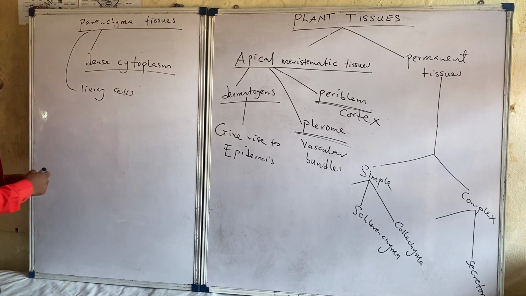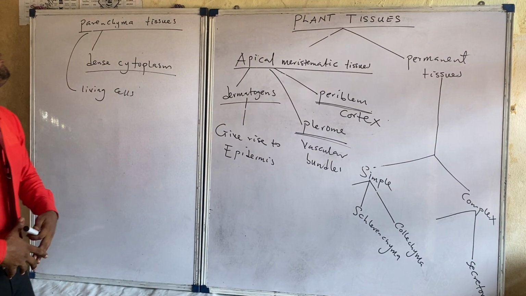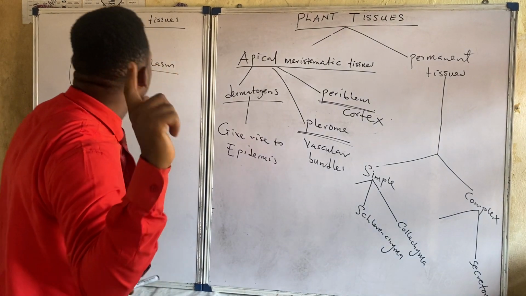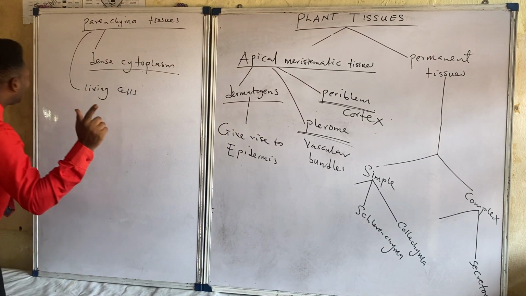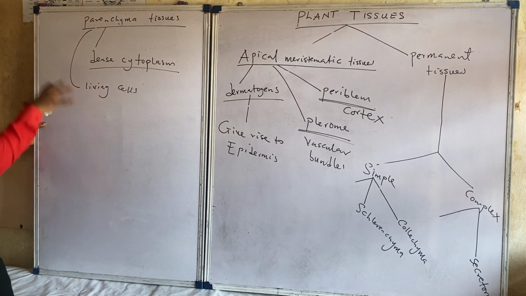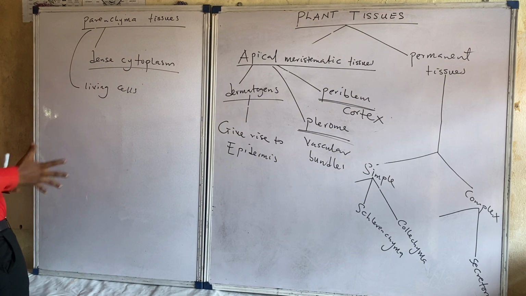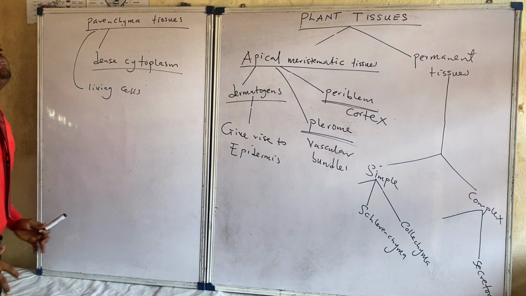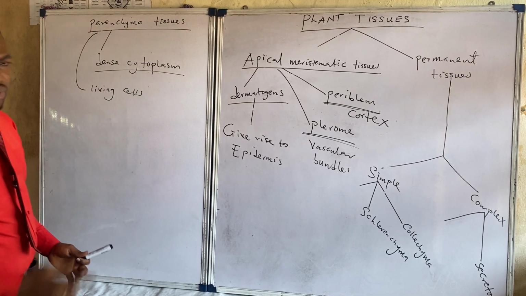Now, the parenchyma, like I said, is found in almost every part of the plant body. It is very important for me to state that the parts of the plant body that contain the parenchyma tissues or cells bear the great weight of the plant body. So let me put that here.